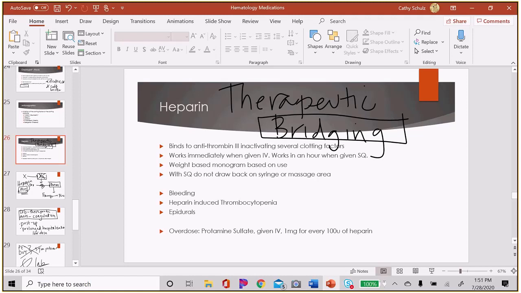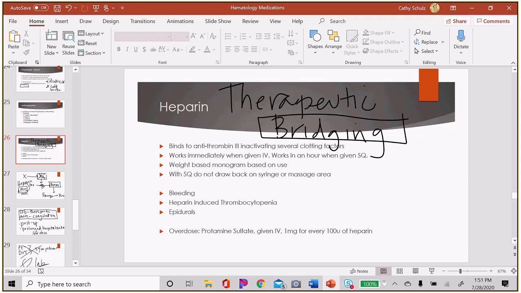So I can give higher dose heparin and Lovenox in the situation where the person actually had a clot. So they're in the hospital, despite our best efforts, we tried to ambulate them, we put their SCDs and TEDs on, we gave them fluid, we gave them the low dose heparin and Lovenox, they still got a clot, which does happen.